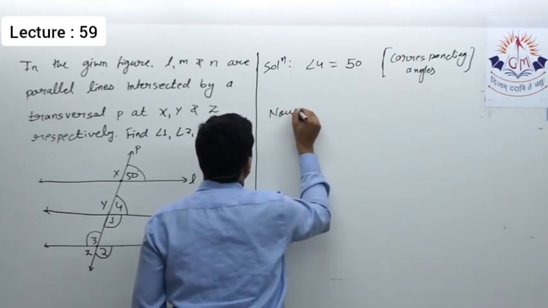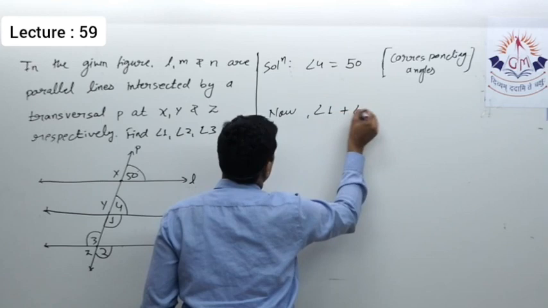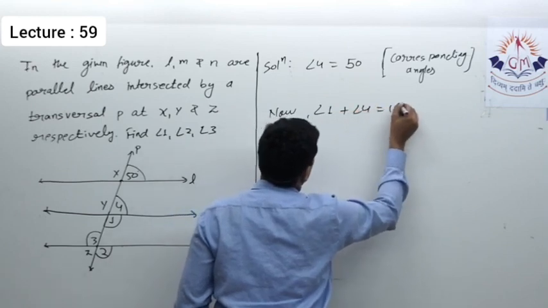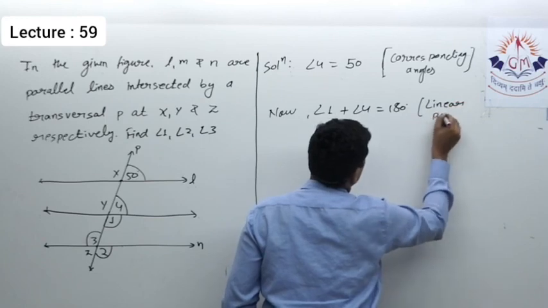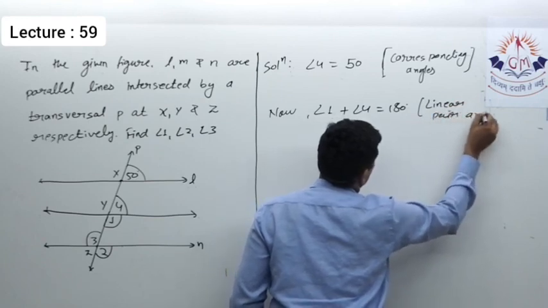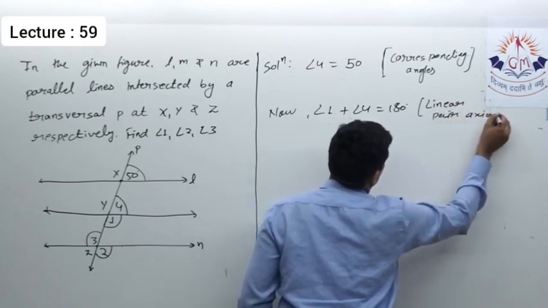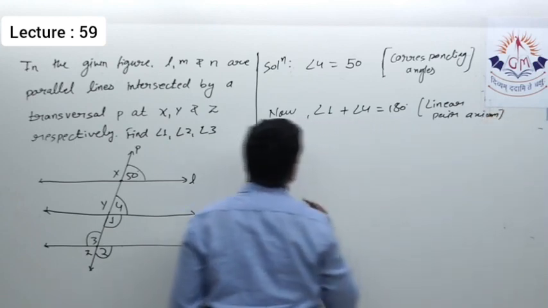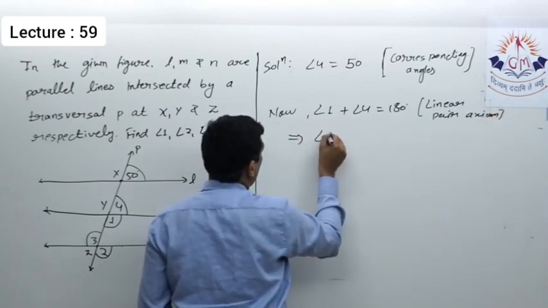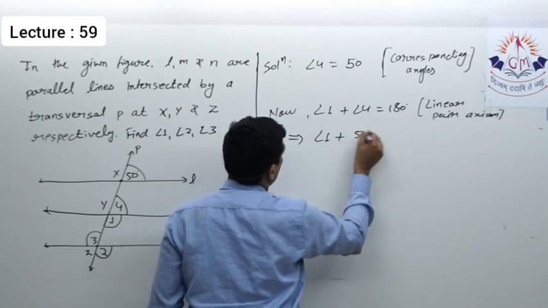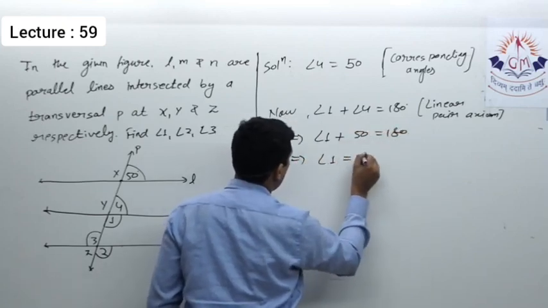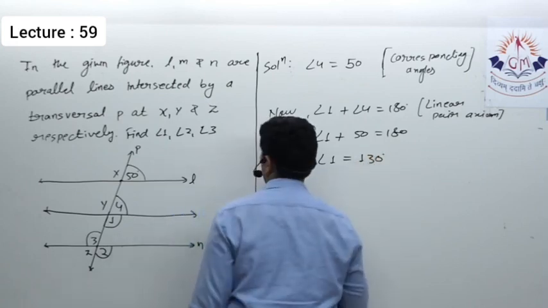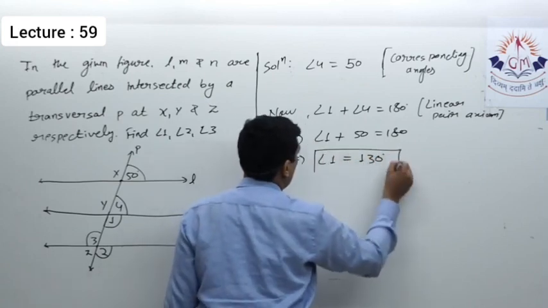Now angle 1 plus angle 4 is equal to 180 degrees. Reason? Linear pair axiom. So angle 1 plus 50 is equal to 180. Therefore angle 1 is equal to 130 degrees.